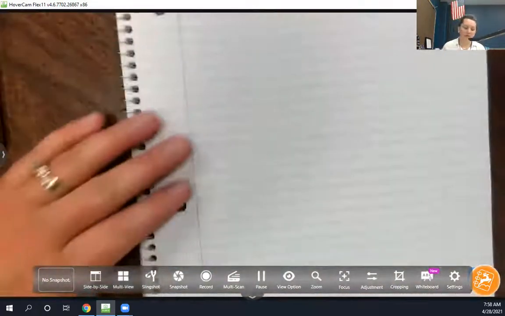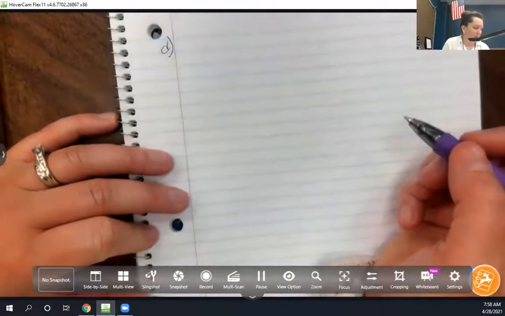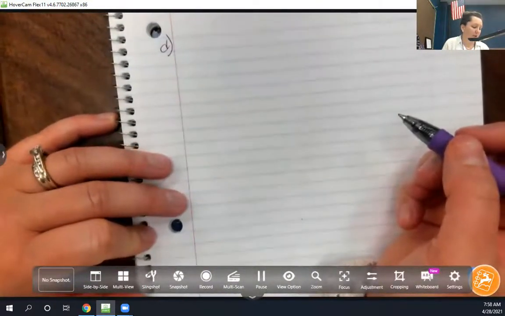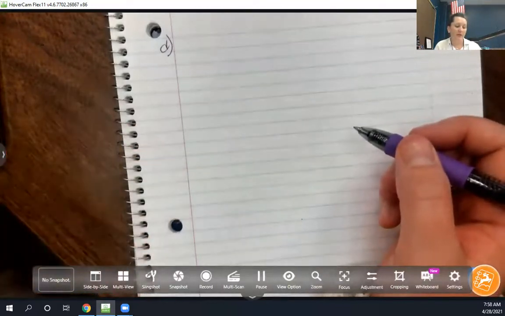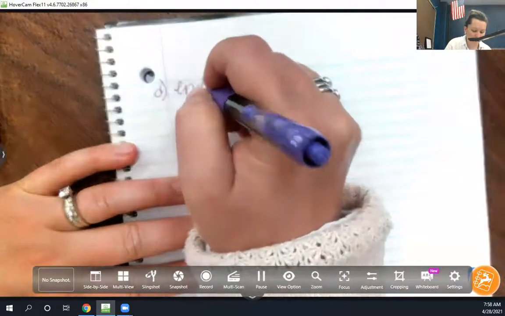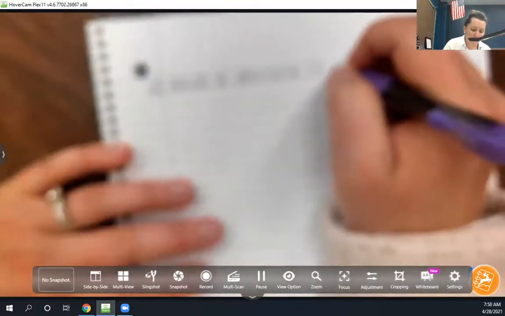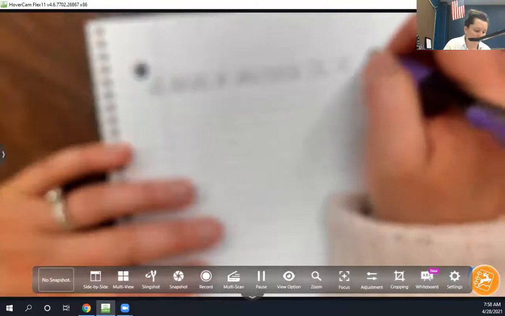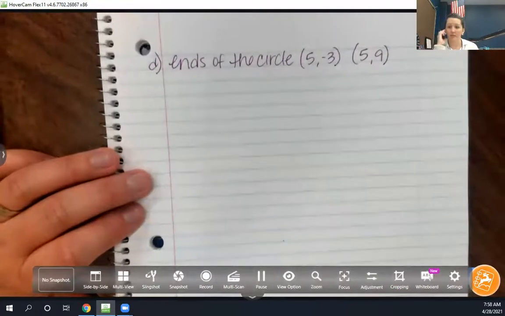And you can see straight through that, so we're going to go over here. Okay, it says write the equation of a circle in standard form with ends of diameter 5, -3, and 5, 9. So these are the ends of the circle. So we're going to have to use a little bit of a problem solving here to figure out what our center is, right?